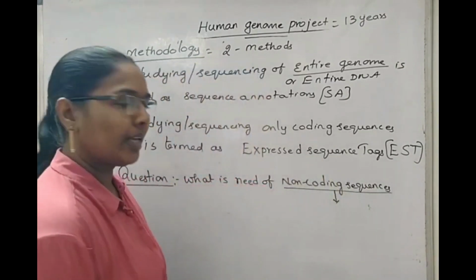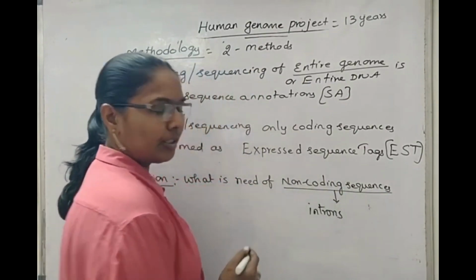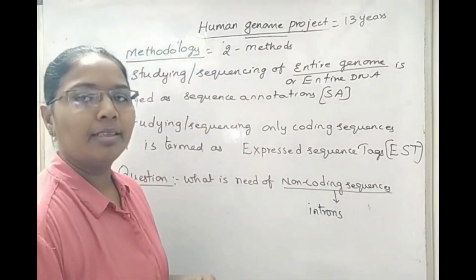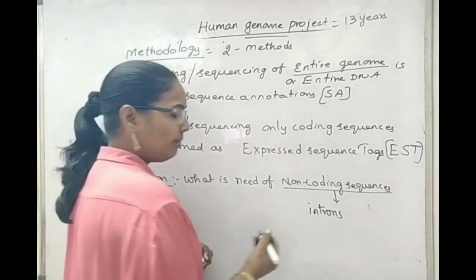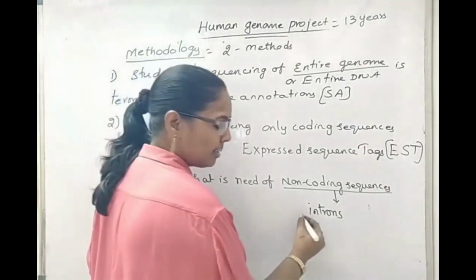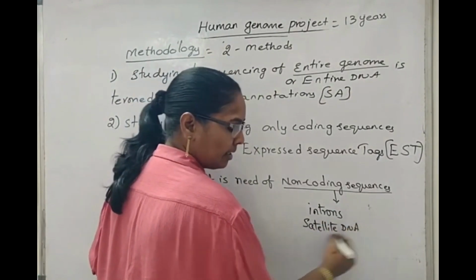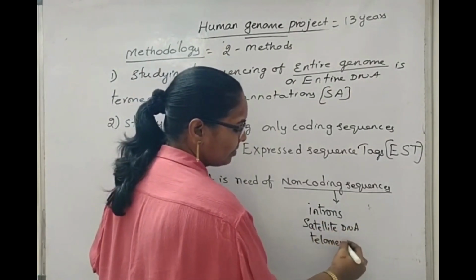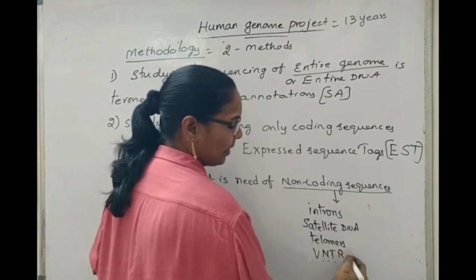In transcription, we have seen one term, introns. Introns are not coding for anything. During transcription in eukaryotes, the spliceosomes are involved. Other examples are satellite DNA, telomeres, and VNTRs, variable number tandem repeats.